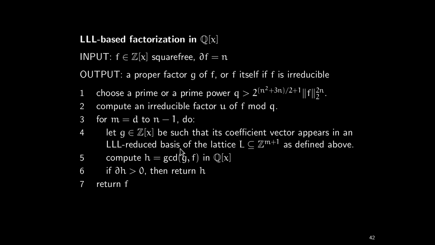The candidate that you will choose will be the smallest vector in the LLL basis, in the reduced basis of the lattice that I showed on the previous slide. You take this g, translate it as a polynomial, compute the GCD of g and f in Q, and if this has positive degree, then you have found a factor. And if you never find in this way a non-trivial GCD, then this proves that f is irreducible.